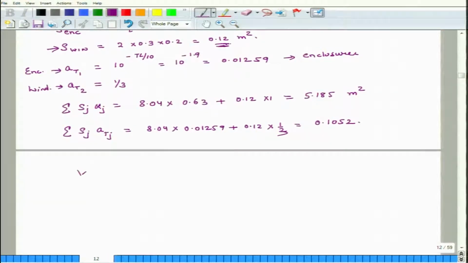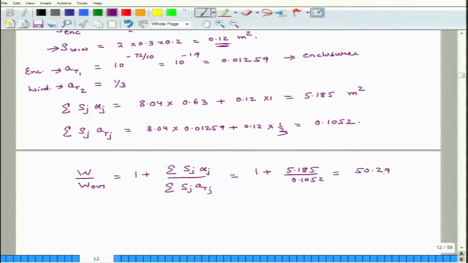So, W over W out equals 1 plus the sum of Sj alpha j divided by the sum of Sj tau j, and this is equal to 1 plus 5.185 divided by 0.1052, which works out to be 50.29.